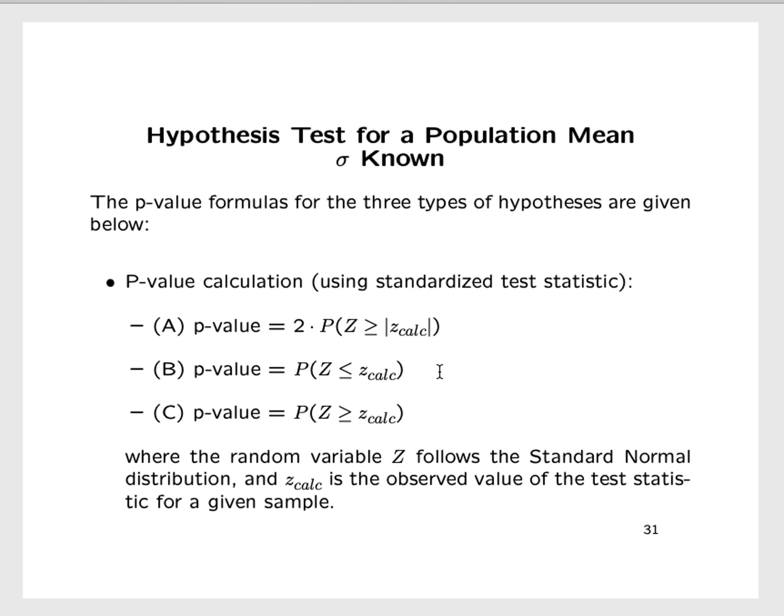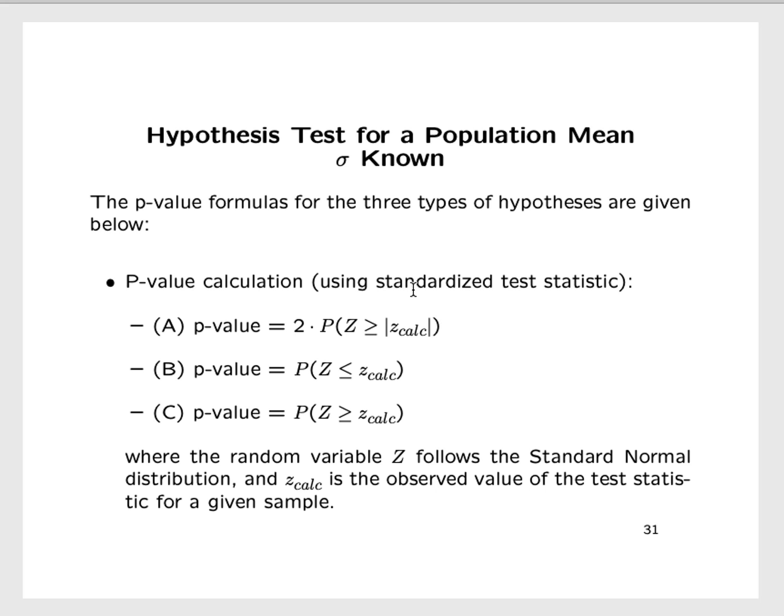For the left-tailed test, hypothesis test B, the p-value is the probability that a standard normal random variable is less than or equal to the observed value of z-calc. And if we're testing a right-tailed test, hypothesis test C, then the p-value is equal to the probability that the standard normal random variable is greater than or equal to the observed value of the test statistic.